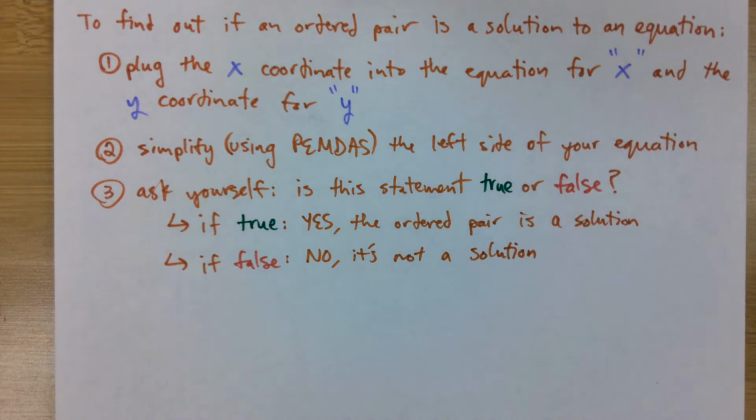So only two outcomes, luckily. If our statement at the end is true, then yes, that ordered pair is a solution to the equation. If we get a false statement like 10 equals 1, right, that would not be true, that would be false, then we can say no, that ordered pair is not a solution.